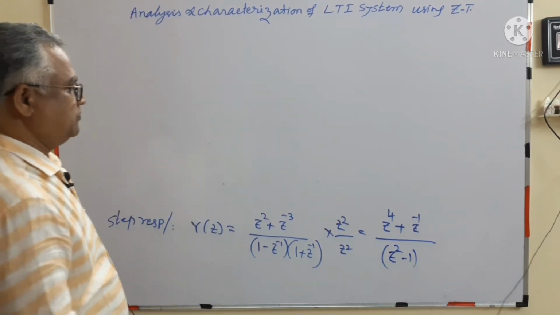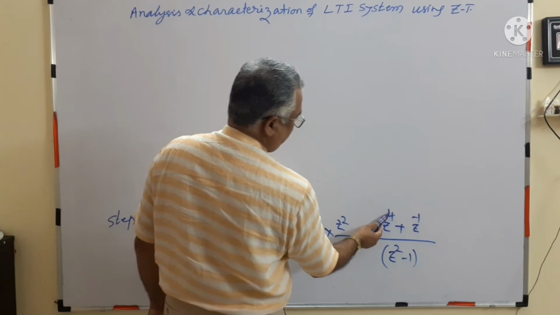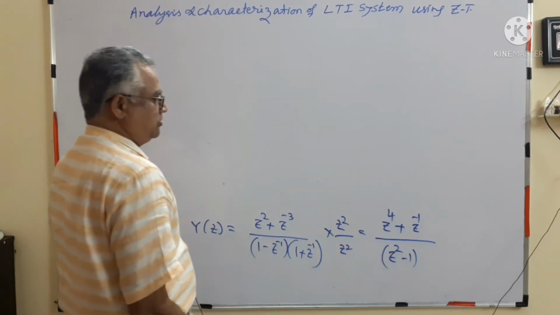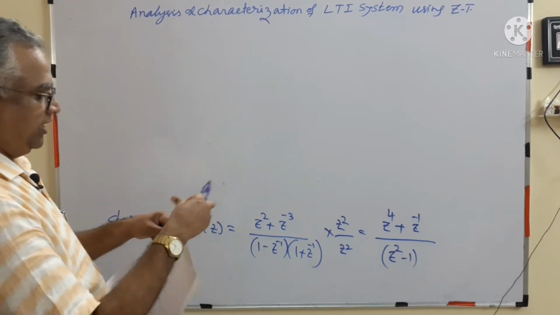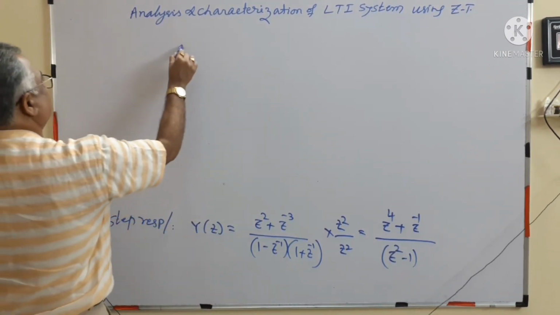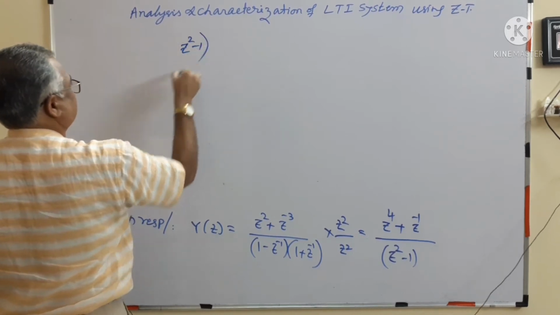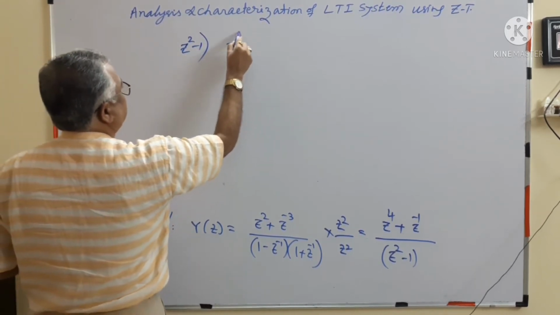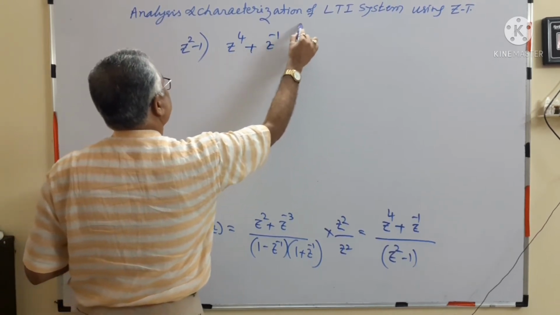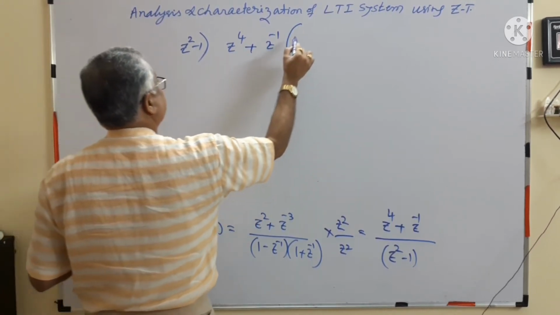Z square minus 1. Here z to the power of 4, here z square. So this power is more than this, so now we compulsorily have to divide. How to divide? Normal division. Z square minus 1 into z to the power of 4 plus z to the power of minus 1. First we will get z square.